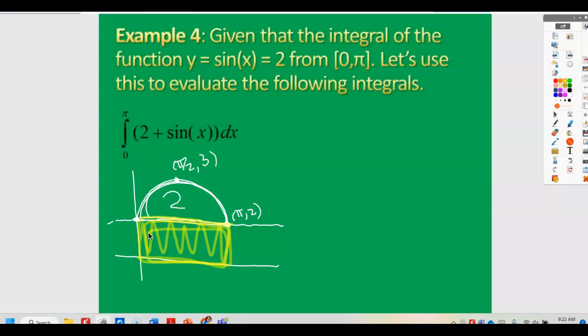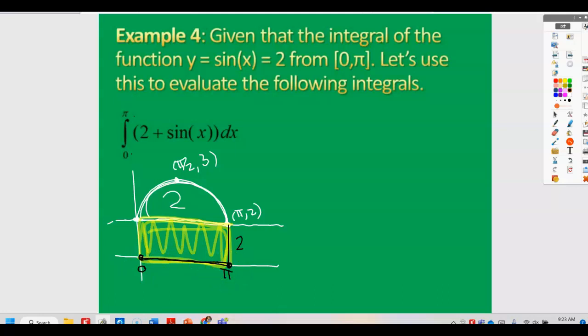Yes, rectangle. So the height of the rectangle would be what you shifted your graph up, which is 2. The width of the rectangle is my upper and lower bounds again. It's 0 to pi. So from here to here is a length of pi.